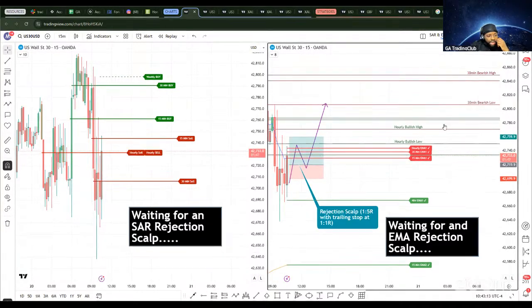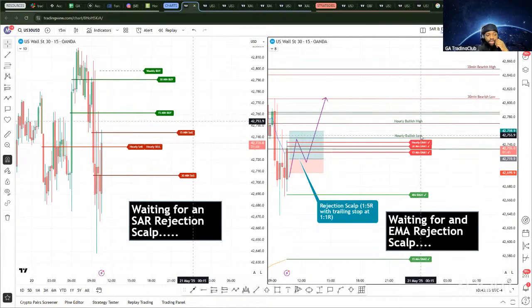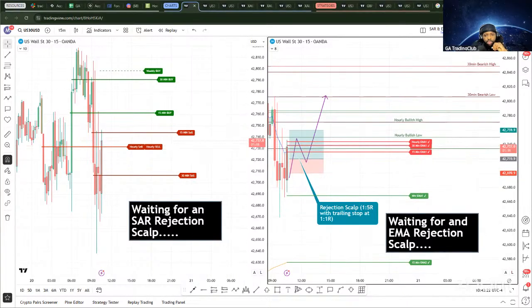All right, 2 minutes. Again, this is gonna happen so fast. I can tell. If price just doesn't shoot up from here, the retest will happen so fast.